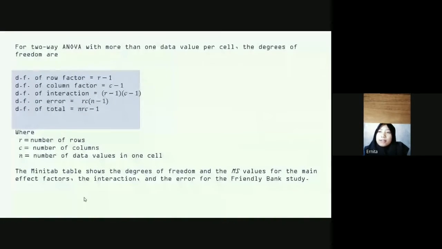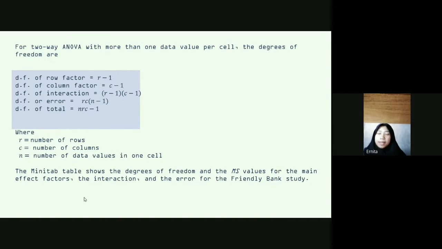For two-way ANOVA with more than one data value per cell, the degrees of freedom are: df of row factor equals r minus 1, df of column factor equals c minus 1, df of interaction equals r minus 1 times c minus 1, df for error equals r times c times n minus 1, and df of total equals nrc minus 1, where r is the number of rows, c is the number of columns, and n is the number of data values in one cell.